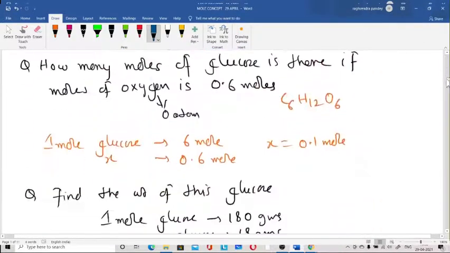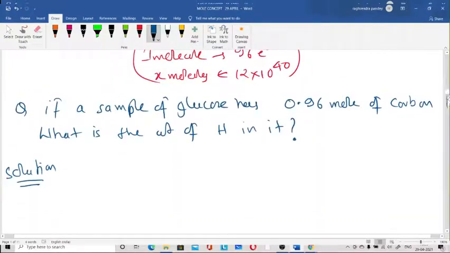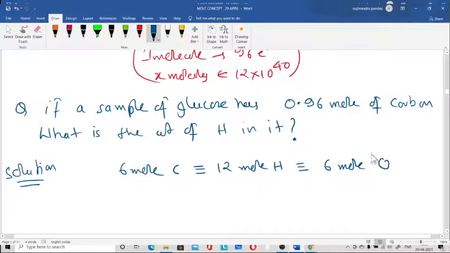Equivalent is a term used in chemistry only. So I can write 6 mole carbon is equivalent to 12 mole hydrogen is equivalent to 6 mole oxygen. Okay, atom I'm talking here. So the 0.96 mole of carbon, and then you have to equate with hydrogen, so you have to take this equation.